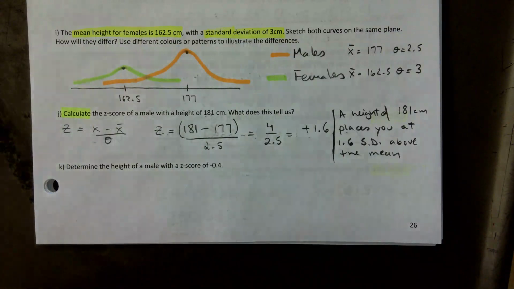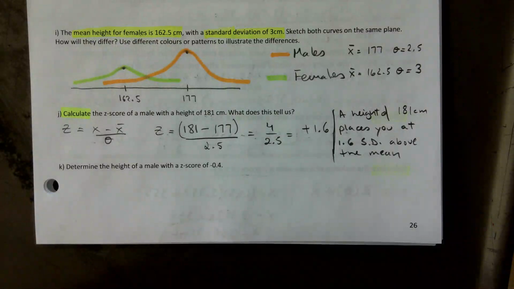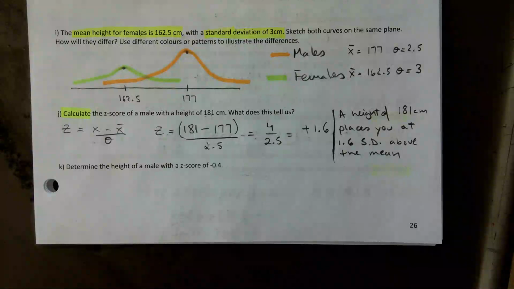Z-score is more like a comparison thing. How does it compare to the rest? Okay, how does it compare? So if you write one of my tests and you calculate your z-score and you find out that it's 2.5 positive, you're like, oh, based on the average, I'm like 2.5 standard deviations above the average in the class.